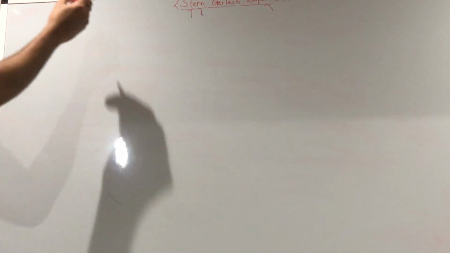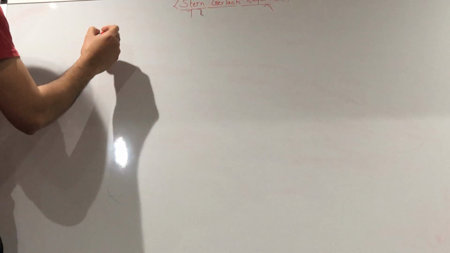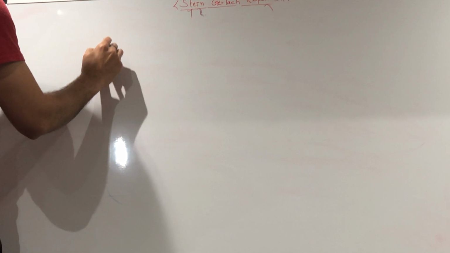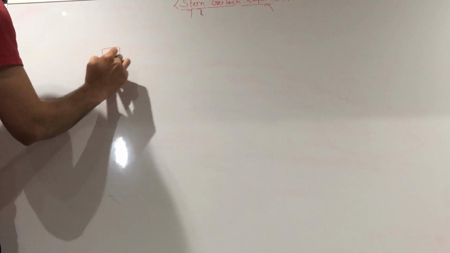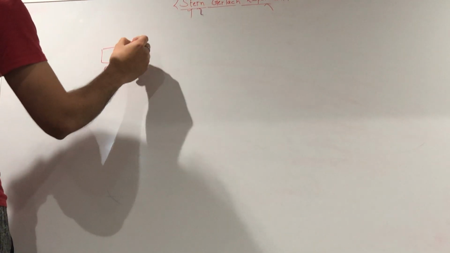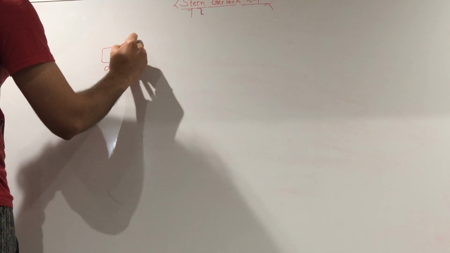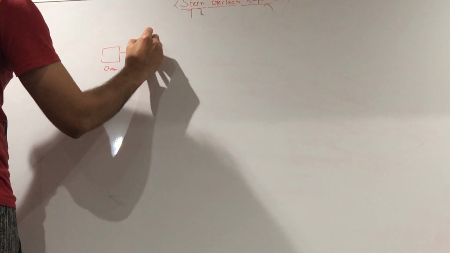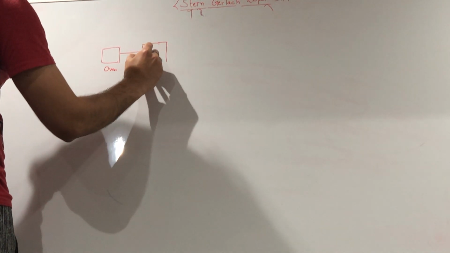So now, we have set up, I'll explain, this is the oven in which the silver atoms are placed, and it is being allowed to pass through a Stern-Gerlach experimental setup.